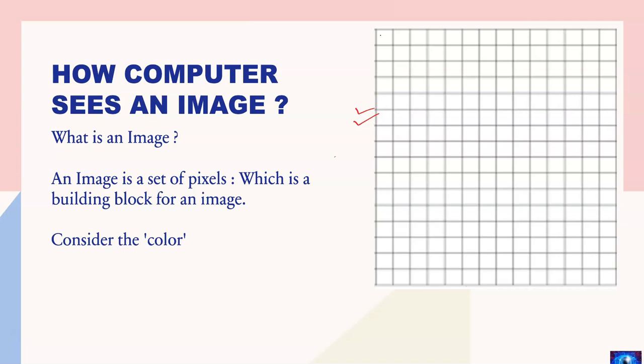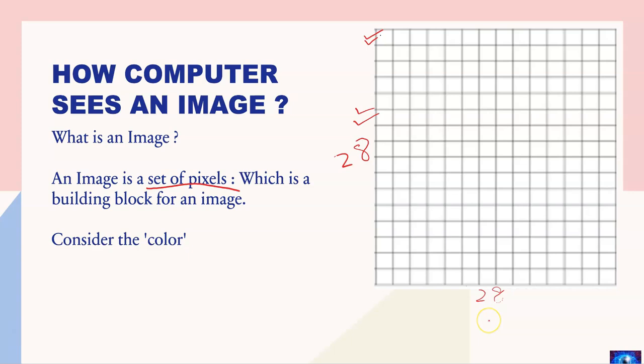Suppose this has a height of 28 and a width of 28. Each box or each square denotes a pixel. So an image is nothing but a set of pixels.